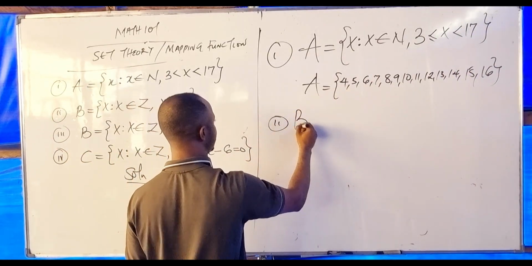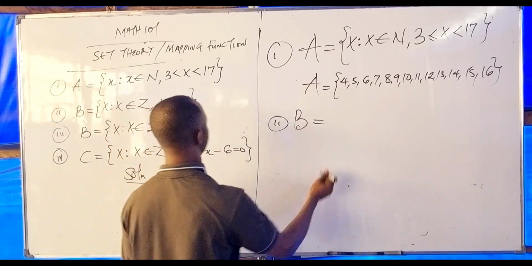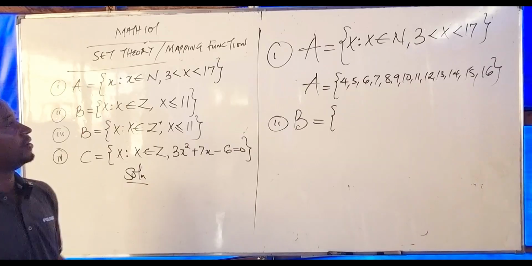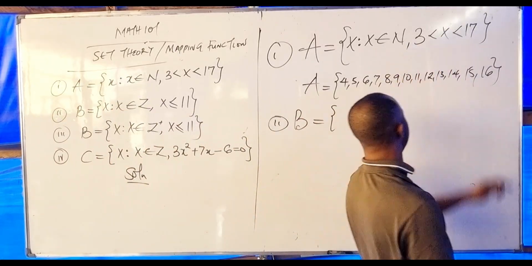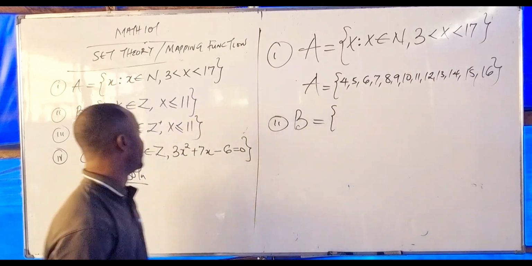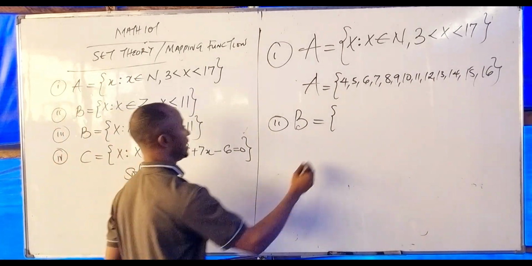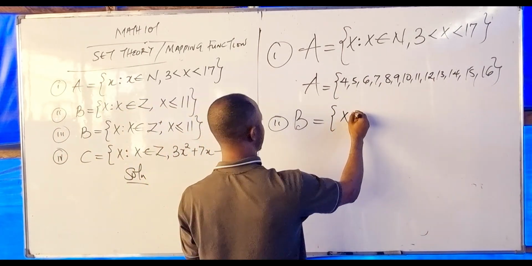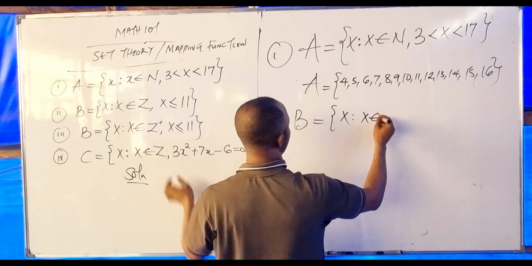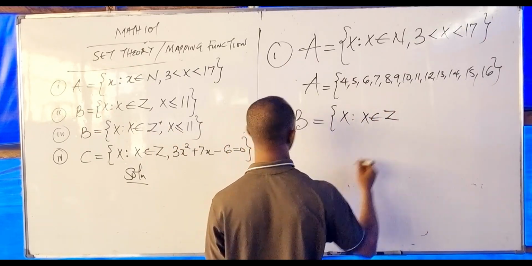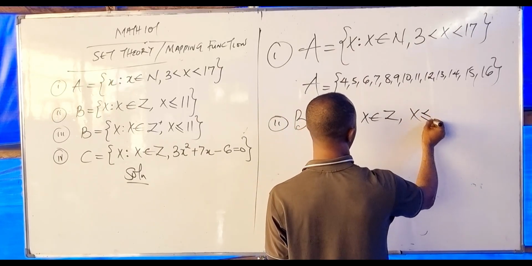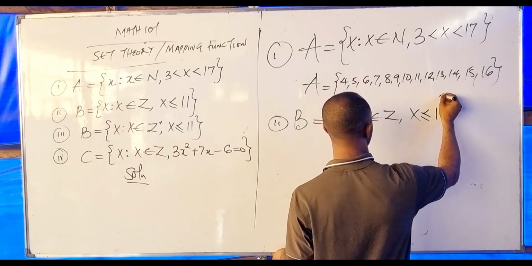B part. We are told that set B is x such that x is an element of integers, and that same x is less than or equal to 11. There is no equal sign in the previous one, hope you are aware.